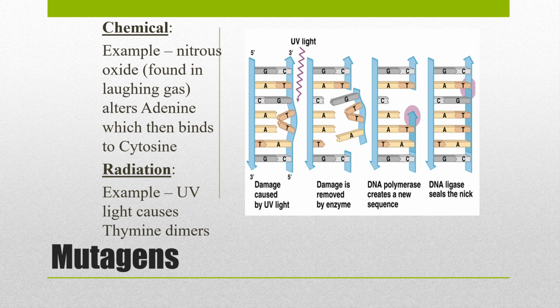Radiation is like exposure to sunlight. So it's not a guarantee in the slightest that exposure to mutagens is going to cause a mutation. It's just that it's more likely that it will occur if there is exposure or prolonged exposure to these mutagens. Because remember, mutations are random. It is not a guarantee that they will happen. So just keep that in mind.